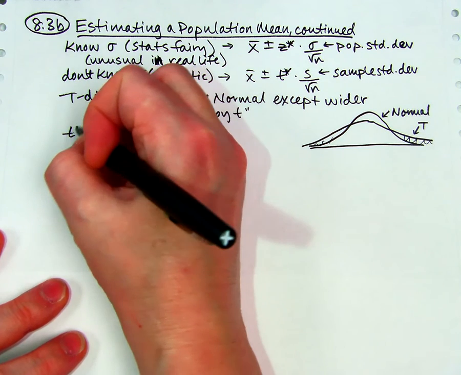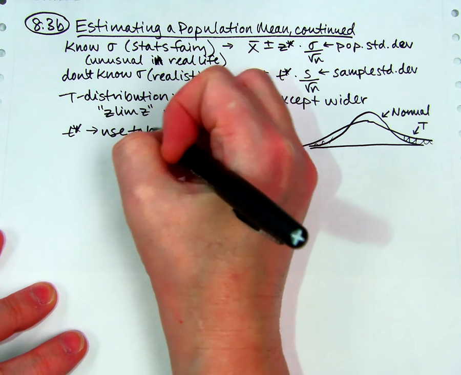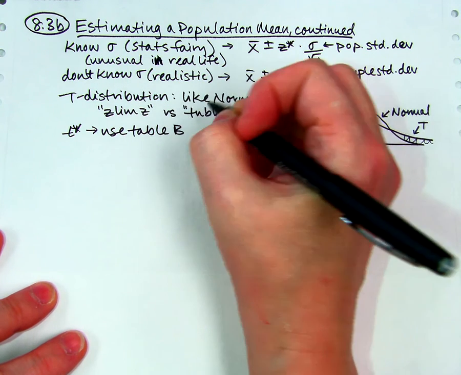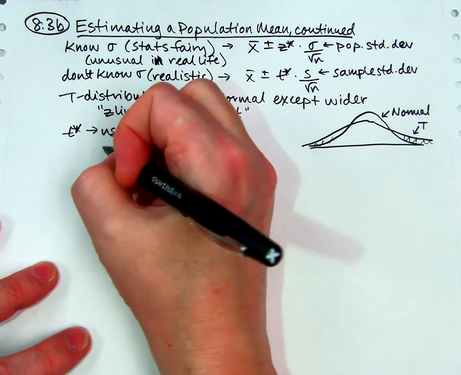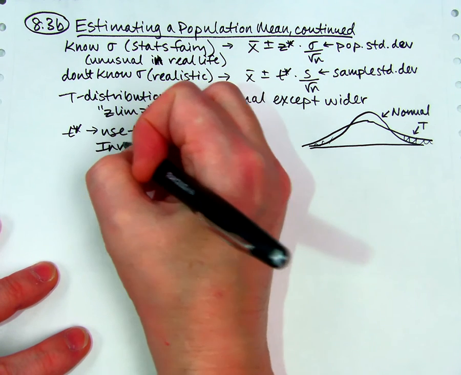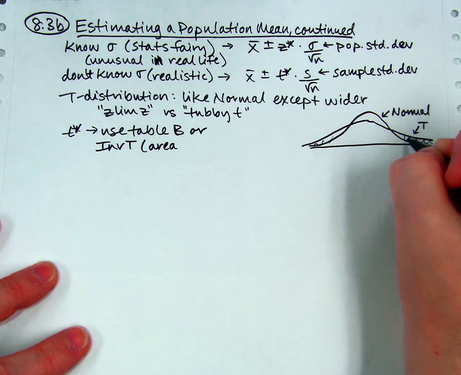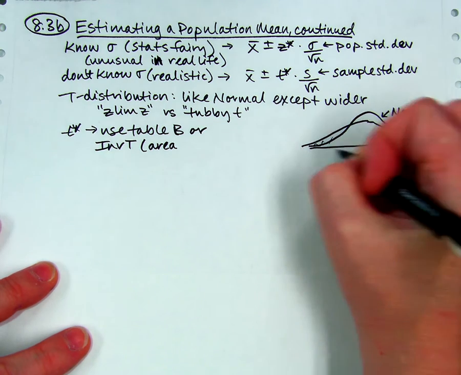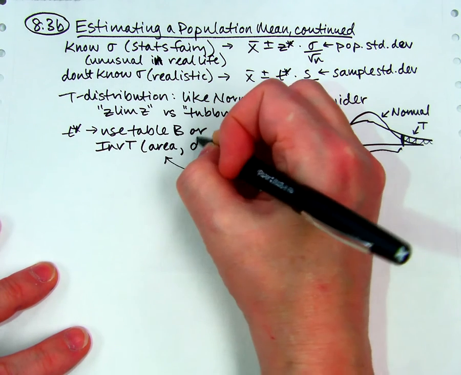To find t star, you can either use table B, which is in the back of your book, but I also am putting a link to it on Canvas for you. Or you can use the inverse t if you have a TI-84, and you would need the area under the curve, and that's the area from that point down. That's the area I'm talking about, and then you need degrees of freedom.